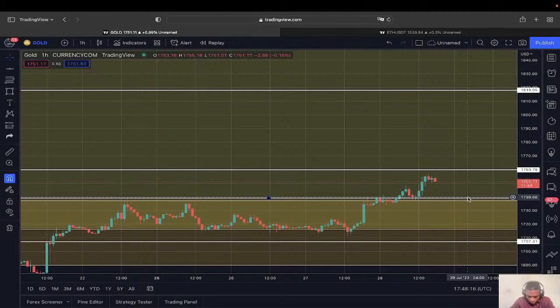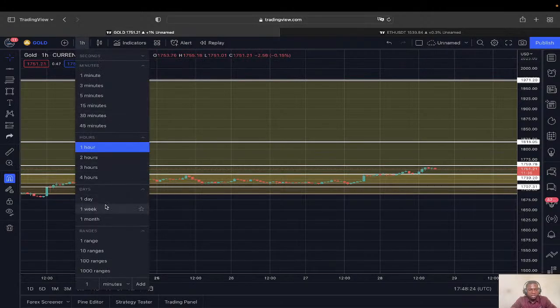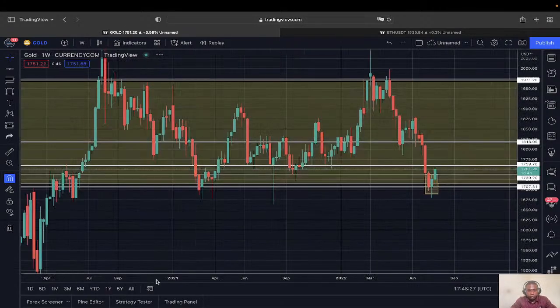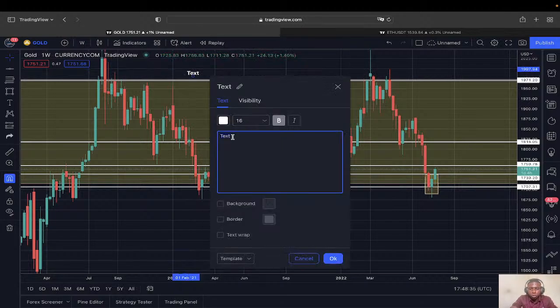Someone said demand and supply setup. Yes, that's a demand and supply setup. So you can see, let me take it back to the weekly time frame. Good. So this zone, let me write it here, this zone is the supply zone.